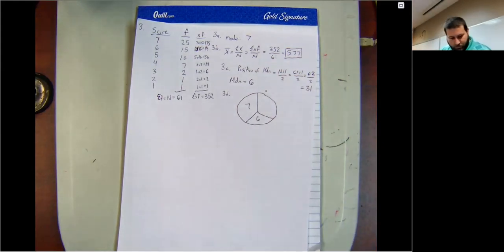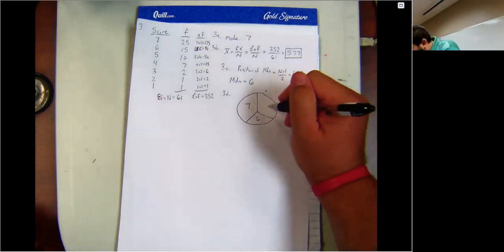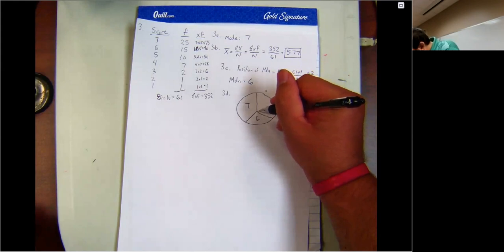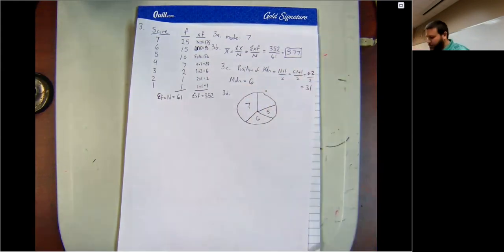Then 5 is 10 values out of 61, or 0.1639 times 100, which is 16.39%, about 16%. So it's a little under 25%. Let's go with something that's kind of smaller than that. Maybe something like that. Call those 5s. And then 4s.